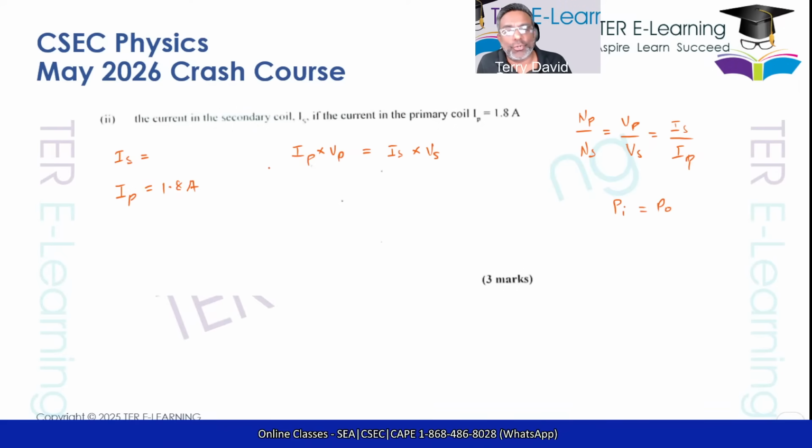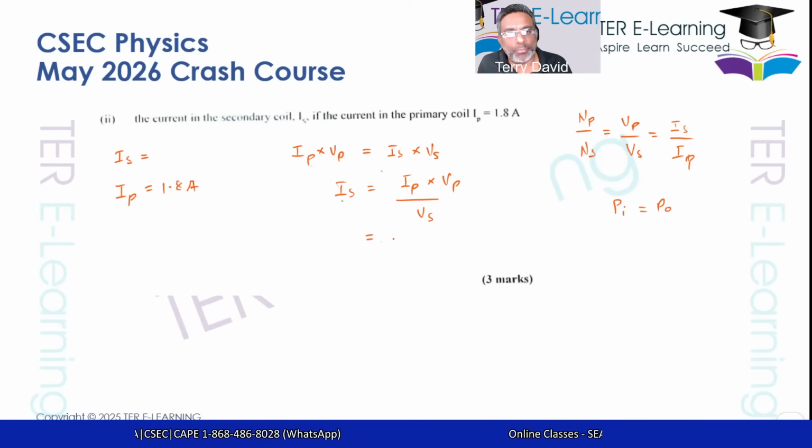Okay? So you want to work out your secondary current. If I rearrange this formula, your secondary current is simply going to be equal to Ip multiplied by Vp, all over Vs. So Ip is 1.8 multiplied by Vp on Vs. Now this is where students make a little mistake in this particular question.